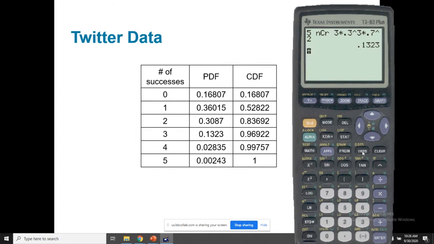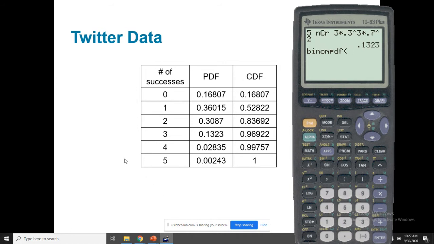So you want to go into distribution, and I'm going to scroll down until I see binomial PDF. Notice we have a binomial PDF and a binomial CDF. Since we're calculating the probability of exactly 3, we're going to use the PDF.